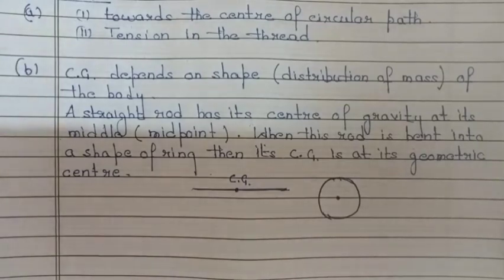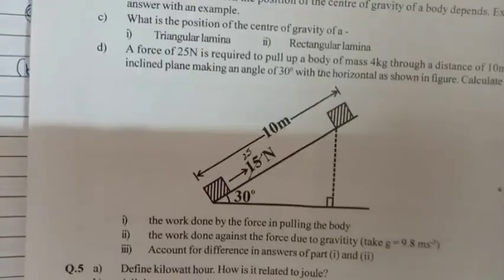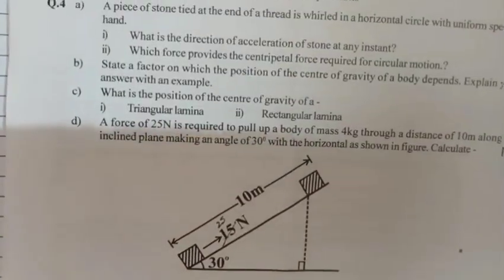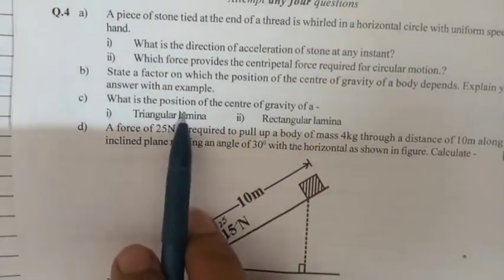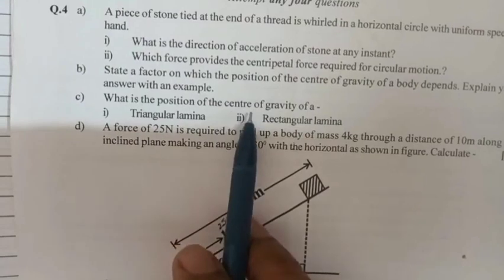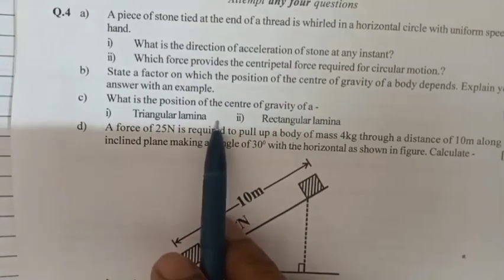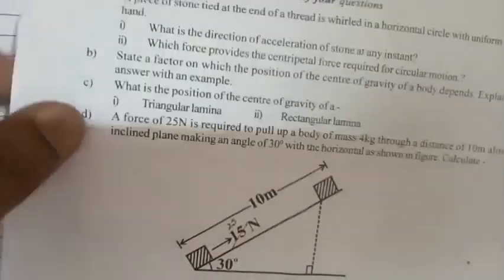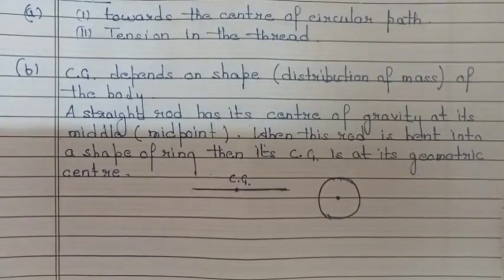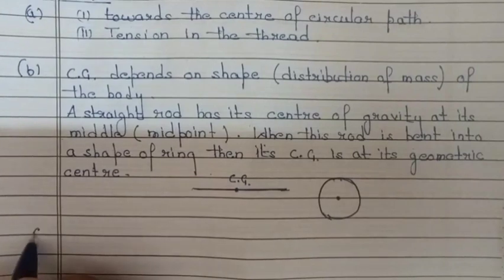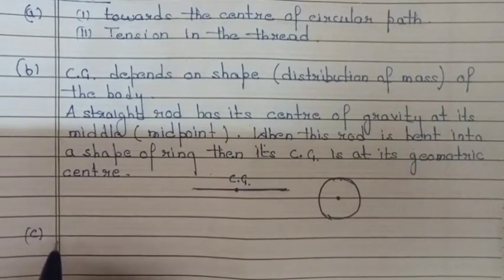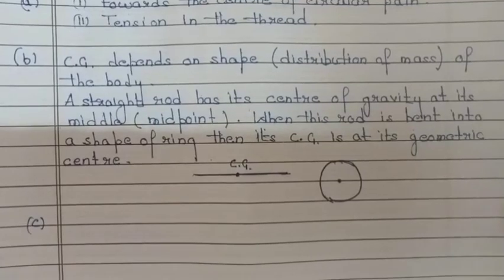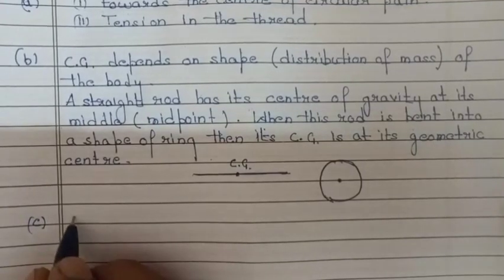Okay, now let's see what they have asked in the C part of this question. In the C part, they ask: what is the position of center of gravity of a triangular lamina, and of a rectangular lamina?